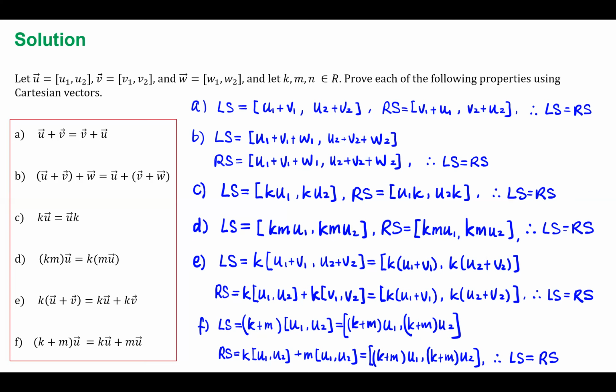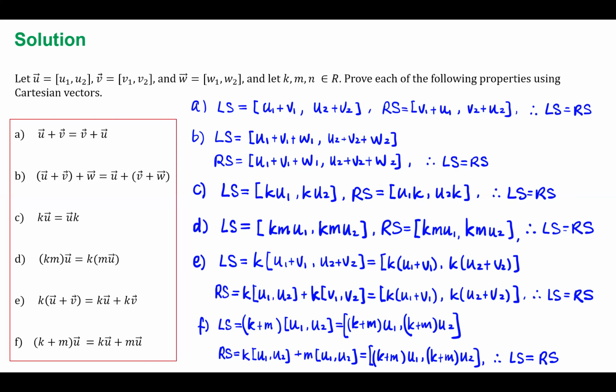For property B, the left side equals u1 plus v1 plus w1, and the second component is u2 plus v2 plus w2. The right side is u1 plus v1 plus w1, u2 plus v2 plus w2.